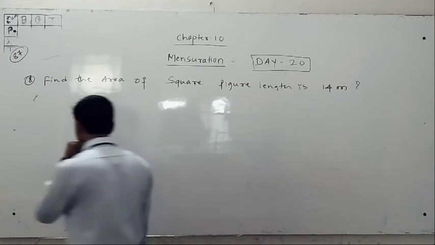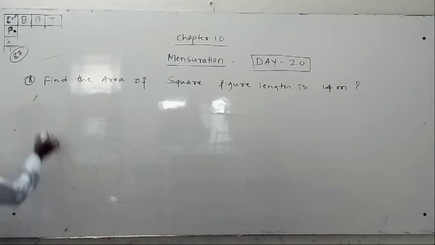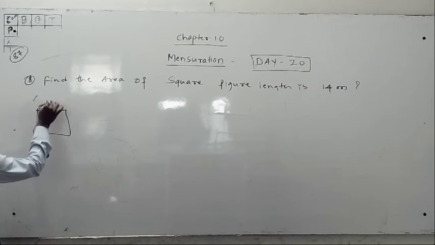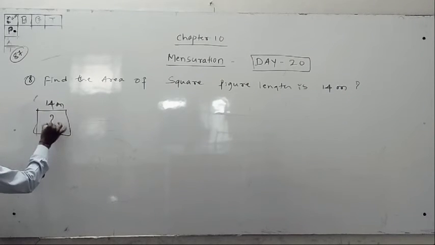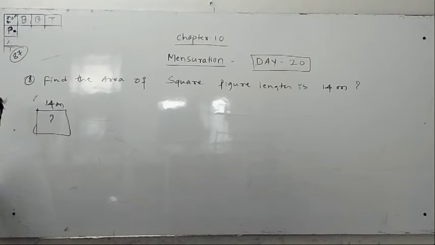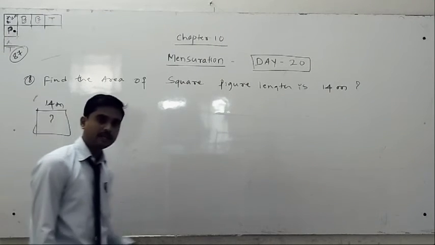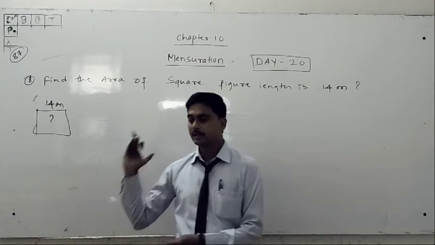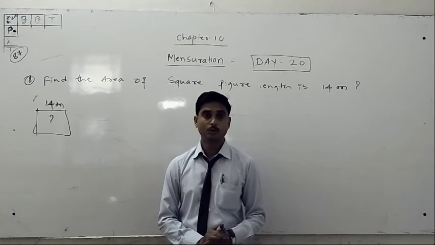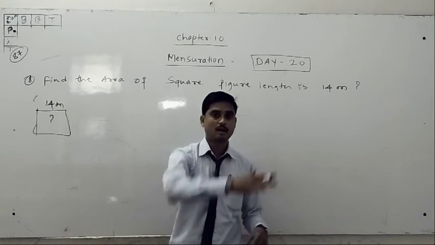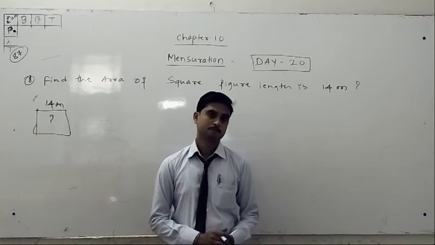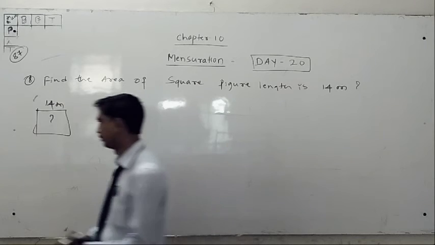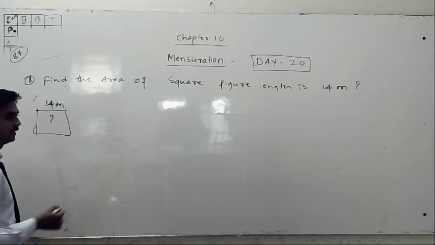One square figure is there, and that square figure length is 14 meter. But we don't know this area. Understand? You have to think of this classroom. Length is 14 meter, but we don't know this area. How much place is occupied by this classroom? That one we should find out. Okay, 14 meter.